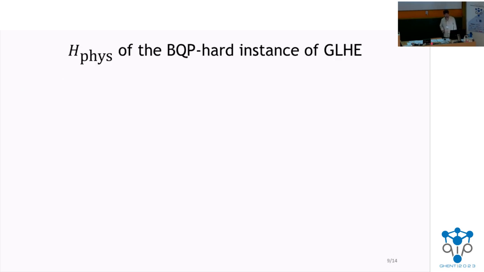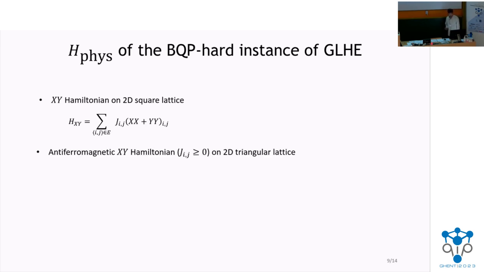And the physically motivated Hamiltonians relevant to the BQP hardness results are the following family of Hamiltonians. First is the XY Hamiltonian defined on a 2D square lattice of this form. And the second one is the anti-ferromagnetic version of the XY Hamiltonian defined on a 2D triangular lattice.